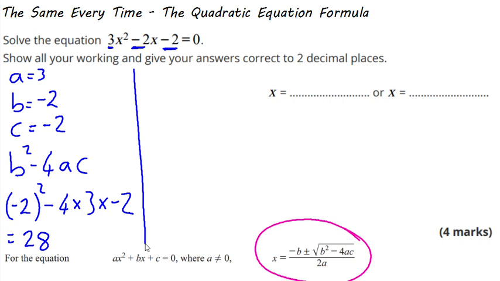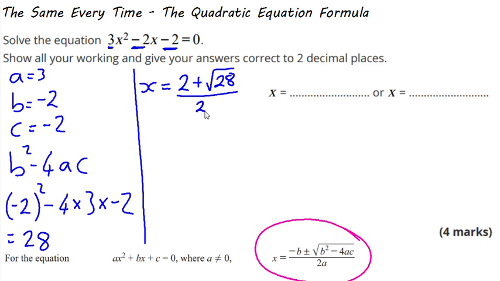Now, what I'm going to do here is just substitute numbers into my formula. So x equals negative b. Well, this just means that I'm going to change the sign of my b. So b was negative 2, so negative b is positive 2. Then plus square root of b squared minus 4ac, which was 28, and the whole thing divided by 2 times a.